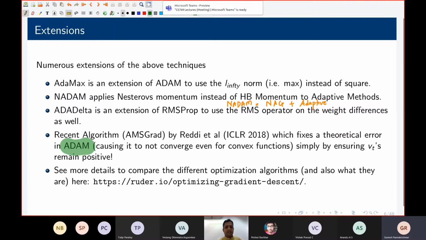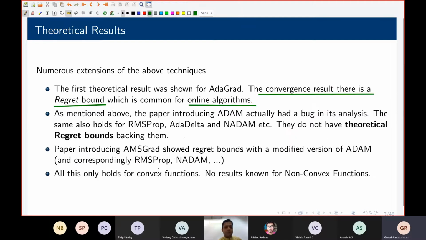AMSGrad fixed the theoretical issue with Adam. It basically used a modified version of Adam to show regret bound. And very importantly, all this holds for convex functions. The analysis of convex functions has often opened up the frontiers for advancements, as we have seen so far, whether it's momentum or adaptive learning. All that has come because of analysis, so its importance cannot be minimized.